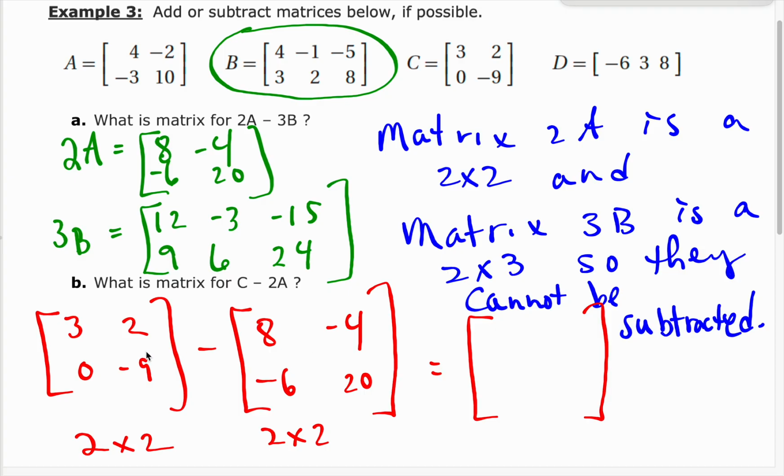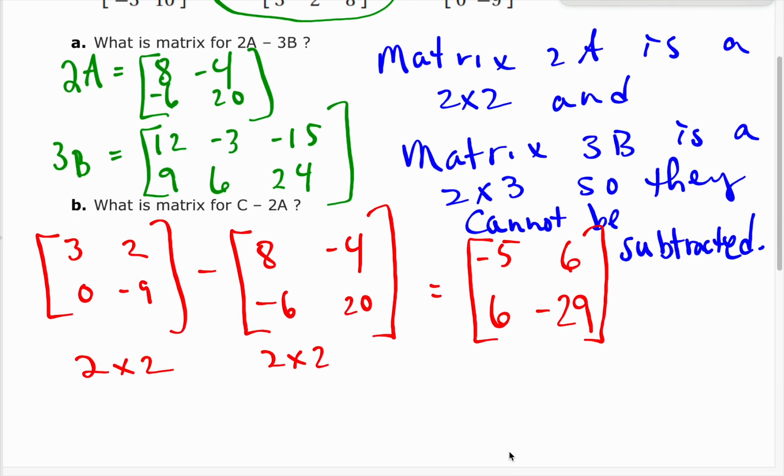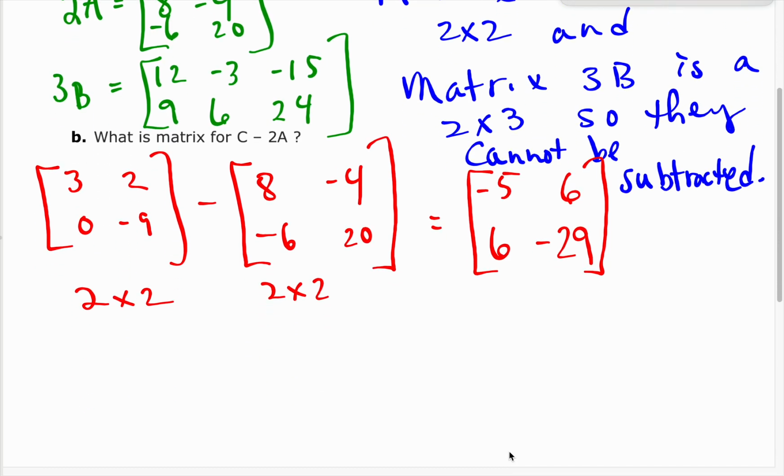All right, so what do we have? We have 3 minus 8 is a negative 5. 2 minus a minus 4 is 6. 0 minus a minus 6 is 6. And negative 9 minus 20 is negative 29. All right, we just created our new matrix.